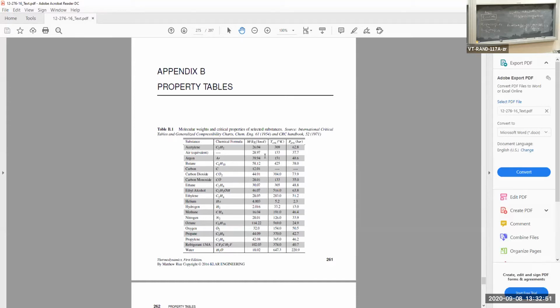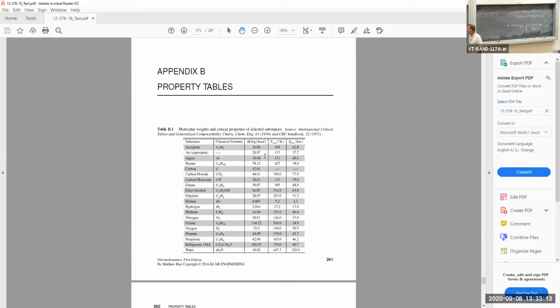Okay, so let me write that up here. Q1 to 2 equals negative 760 kilojoules. What does the negative sign mean?